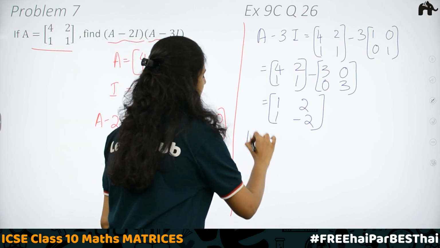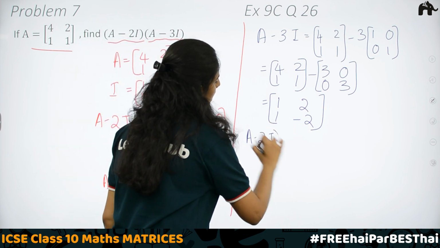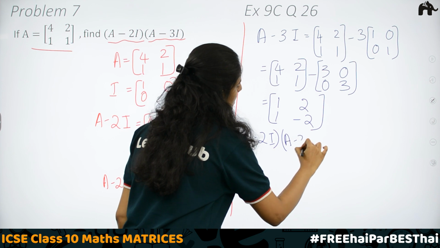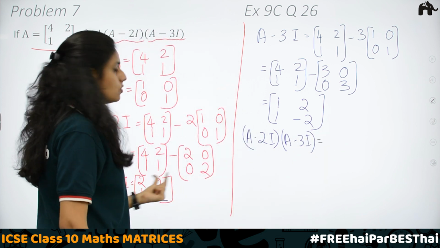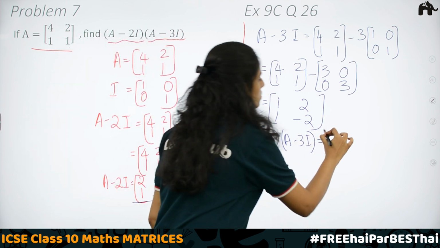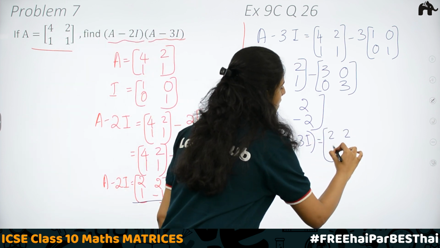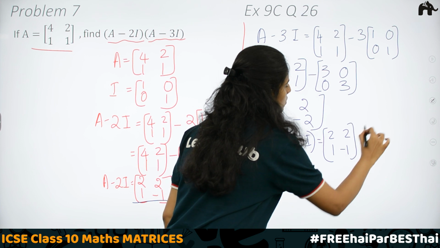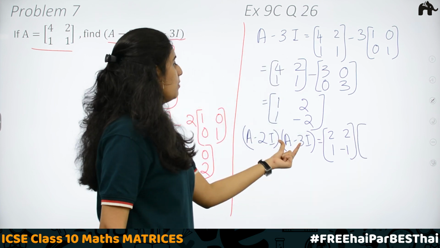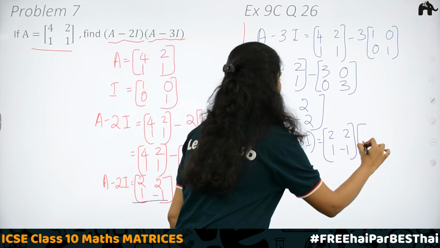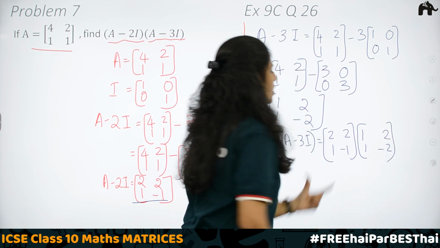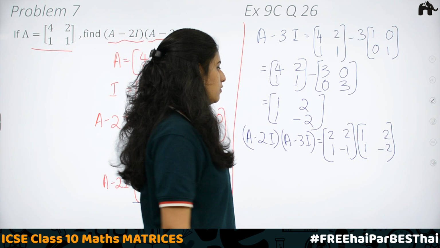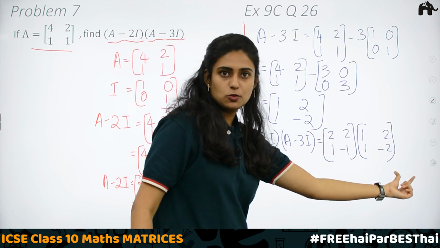Now we will find A minus 2I into A minus 3I. That is equal to first matrix 2, 2, 1, minus 1 into second matrix A minus 3I, that is 1, 2, 1, minus 2. Now the normal matrix multiplication can be performed. This is a 2 by 2 matrix, this is a 2 by 2 matrix.